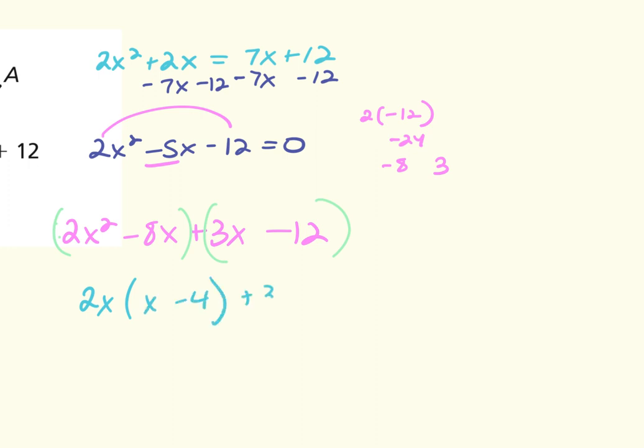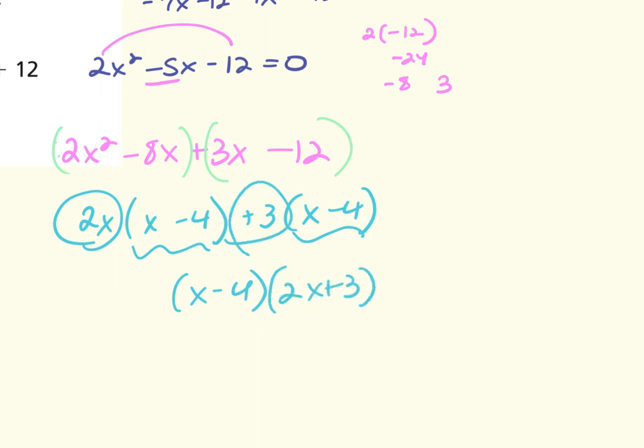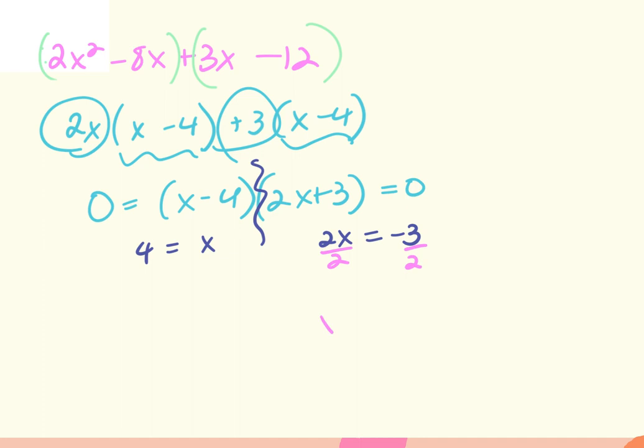Second set of parentheses, you could take out a 3. And then x minus 4 comes out, group together 2x plus 3, and split and solve. So x equals 4, 2x equals negative 3, divide both sides by 2, and x equals negative 3 halves. Do it.